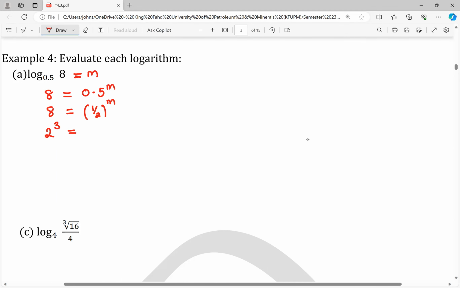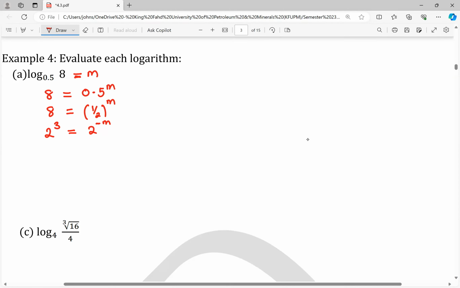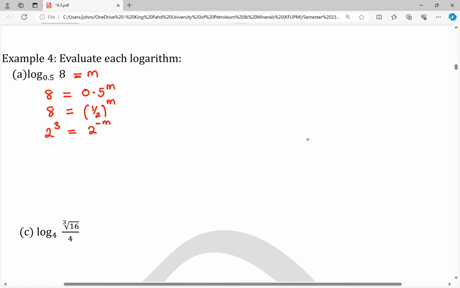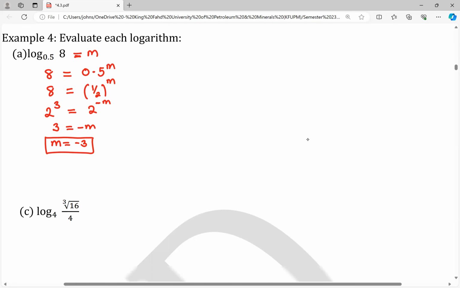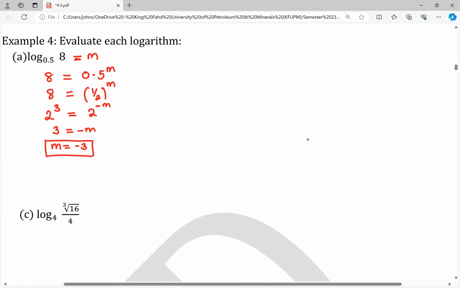These as well, we can write as 2 to power minus m. So it means that 3 equals minus m. In other words, m equals minus 3. All right, so for this should be B.